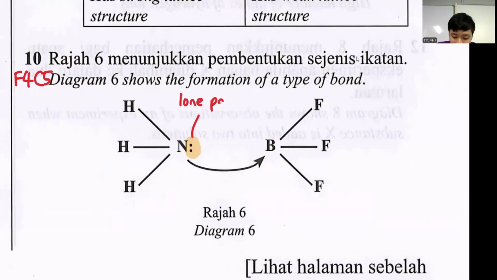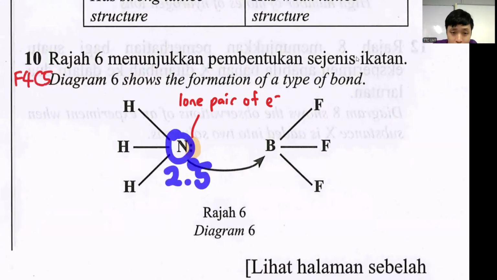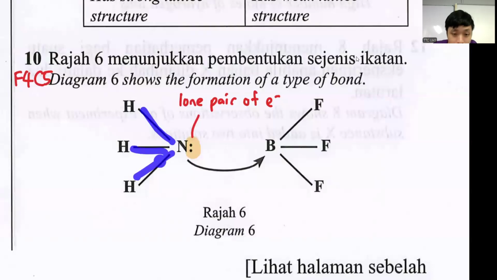Nitrogen has 5 valence electrons already. After sharing 3 electrons with H, after forming 3 covalent bonds, it still has 2 extra electrons. We call it a lone pair of electrons, or the free lone pair of electrons.